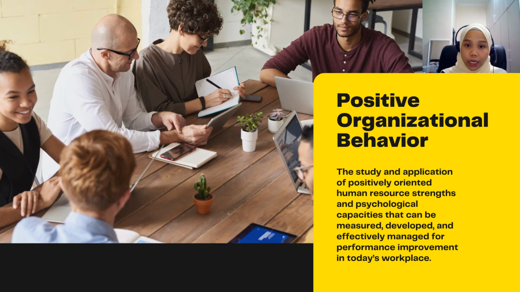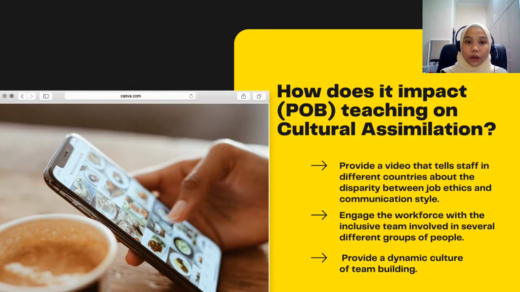The leader's optimistic internal qualities and other factors contribute to coherent positive behavior. Positive organizational behavior (POB) is the study and application of positively oriented human resource strengths and psychological capacities that can be measured, developed, and effectively managed for performance improvement in today's workplace, based on Luthans' study. Moving on, positivity on the job was correlated with the happiness of the employee.